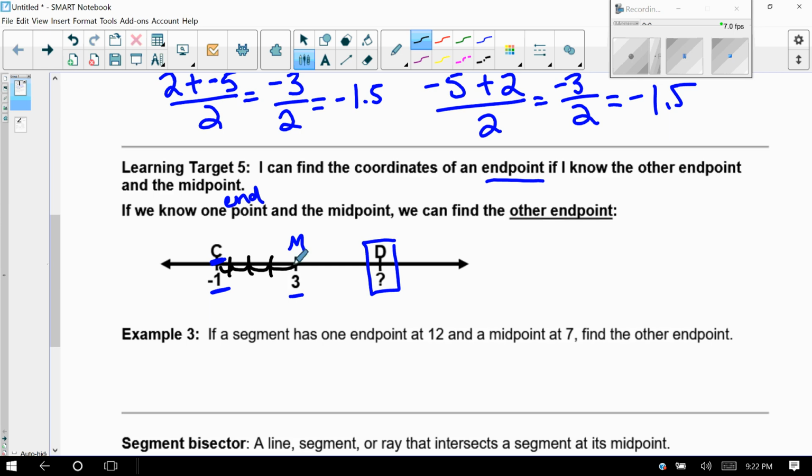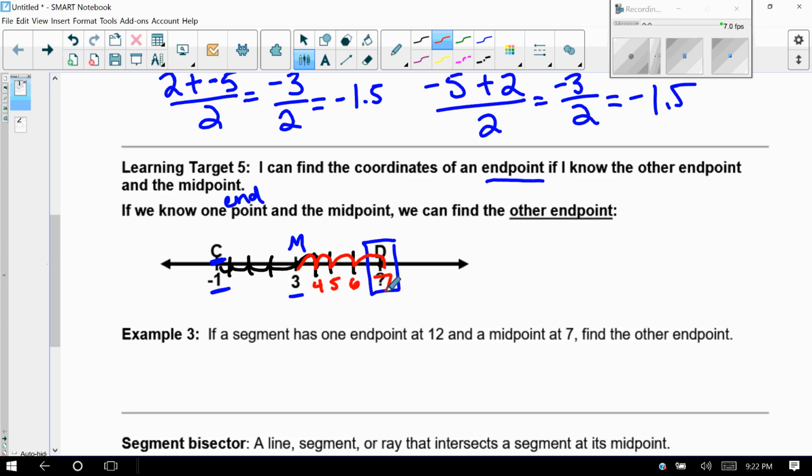Then I know I have to go over another 4 units to get to D. So I can go over another 4 units, 1, 2, 3, and then D will be the fourth one. Let me get a different color. 1, 2, 3, 4 units, okay? So 3, 4, 5, 6, D will be at 7.